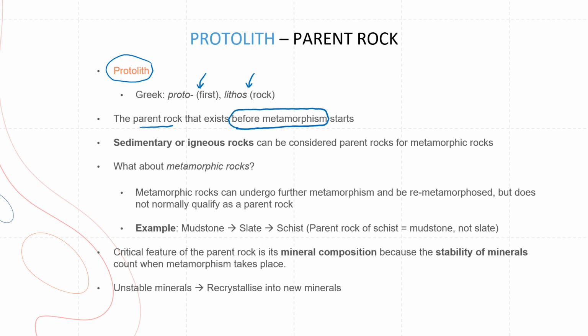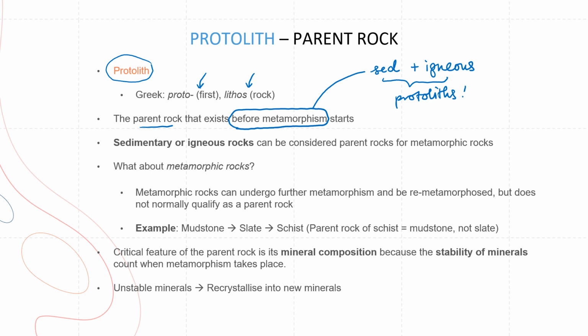So what type of rock would be considered as protoliths for metamorphic rocks? If we're talking about rocks that existed before metamorphism, then we would be talking about sedimentary rocks and igneous rocks. So these two are the best candidates for protoliths.